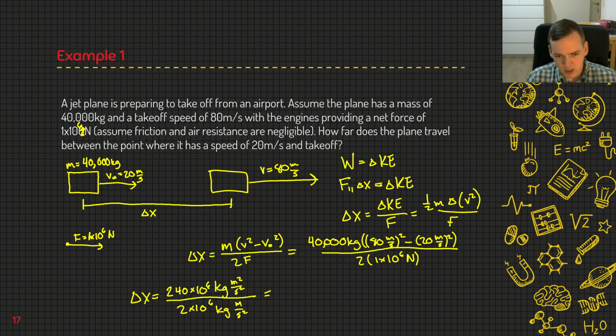So I'm left with just 1 meter in the numerator. And we end up with 240 divided by 2 is 120. 10 to the 6th divided by 10 to the 6th, that cancels. 120 meters is my distance. So from the time that it's at 20 meters per second until it takes off, it travels 120 meters.